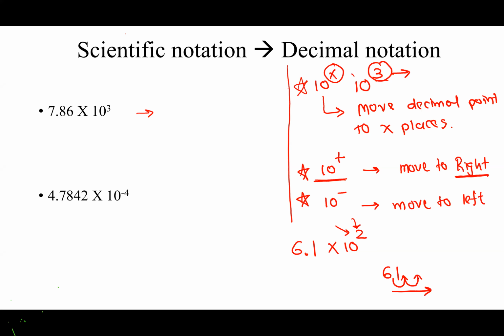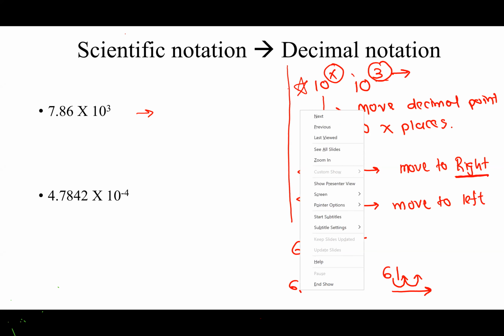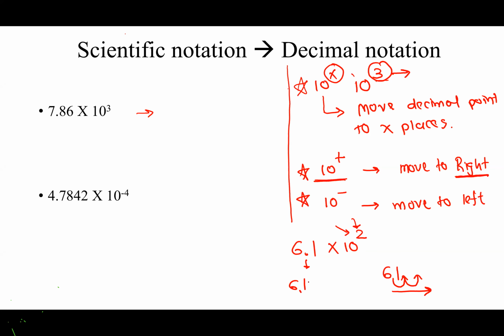Do you follow this? What I did, I just wrote down this digit, 6.1. The decimal place was here. I am moving to the right because there's a positive sign, and because it says 2, I'm going to move it 2 places. So 1, which is right after, and 2. There is no digit in between, so I'm going to say this is the 0.